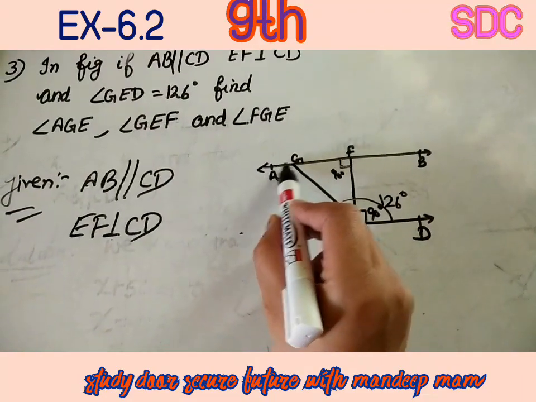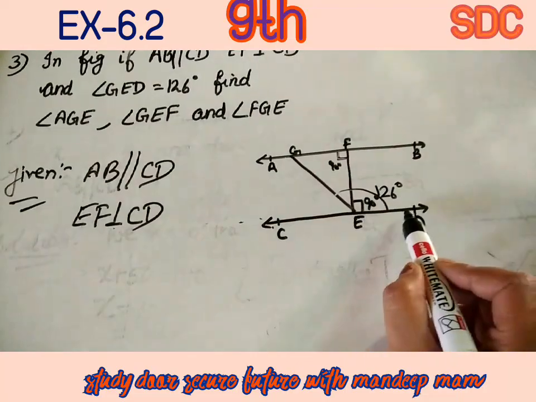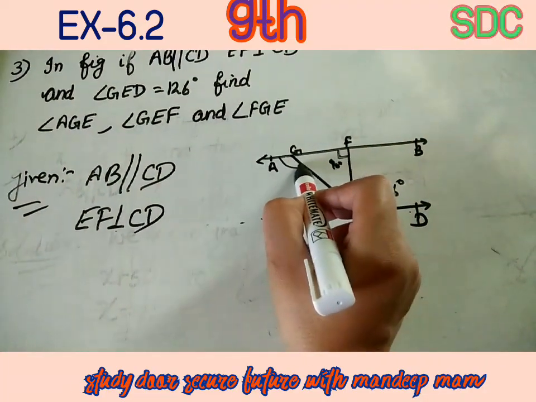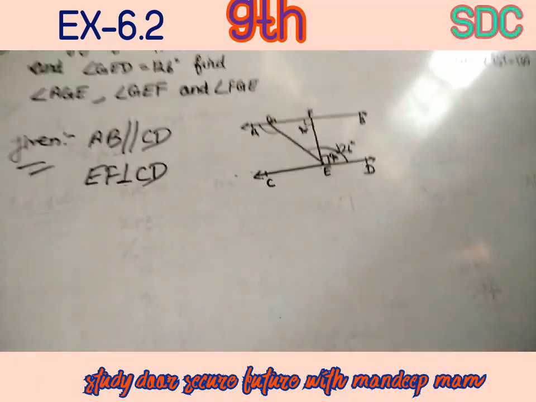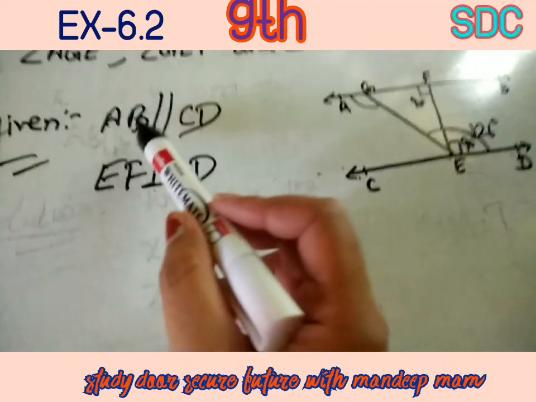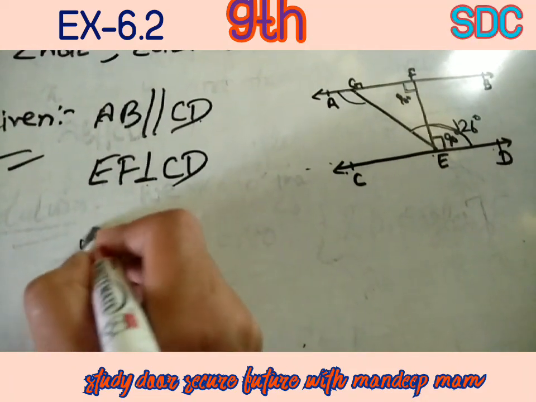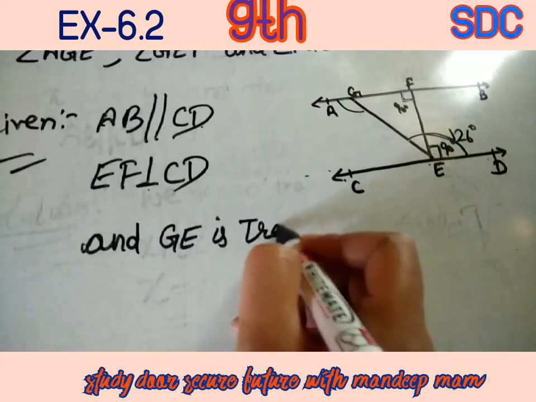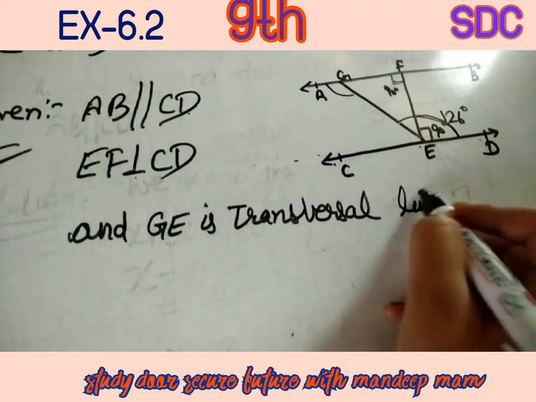Which is AGE? We know AB is parallel to CD and these two angles are alternate angles because GE is the transversal line. So we write here that AB is parallel to CD and GE is the transversal line.